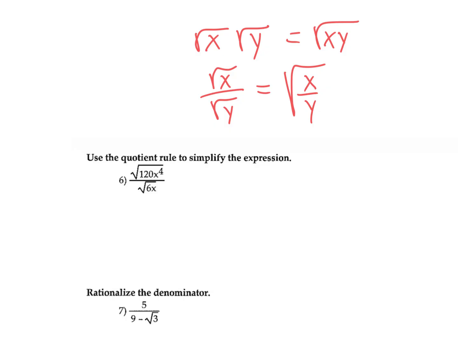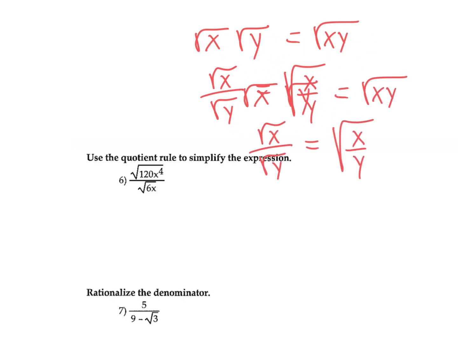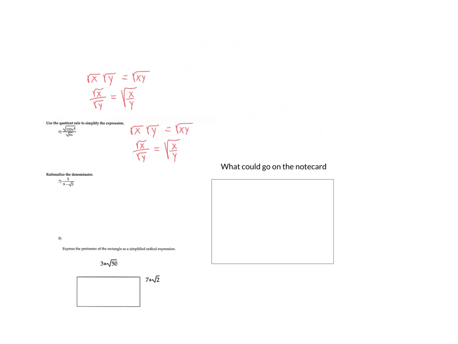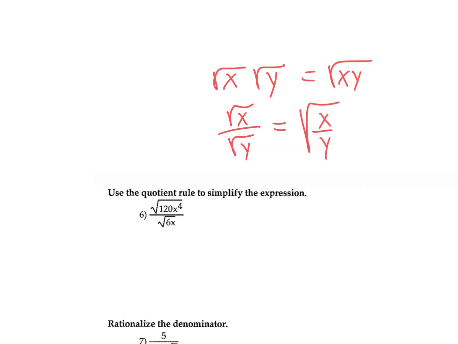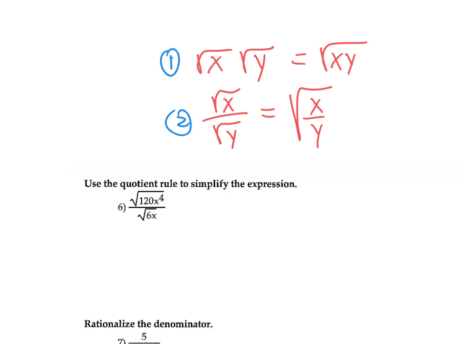All right. Now, this, of course, is something that could totally go in the note card. Okay. So that's that. Well, let's call this rule number one. This is rule number two. This is an opportunity to use rule number two because we can kind of drape a radical over the whole thing.